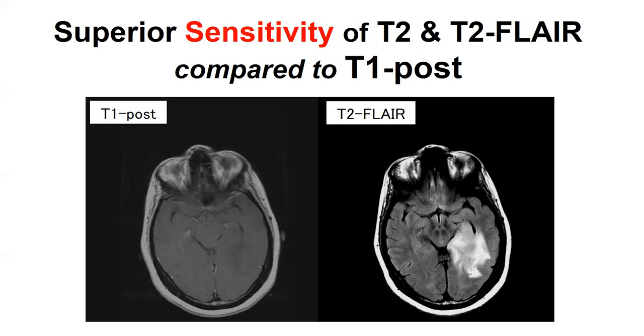But to use a wonderful neuroradiology descriptor, the conspicuity of the lesion on the T1 post-contrast doesn't come close to the conspicuity of the lesion with the T2 FLAIR. The sensitivity, a really cool sequence.